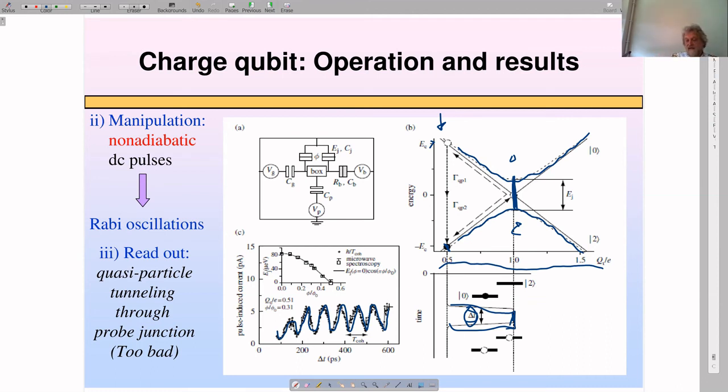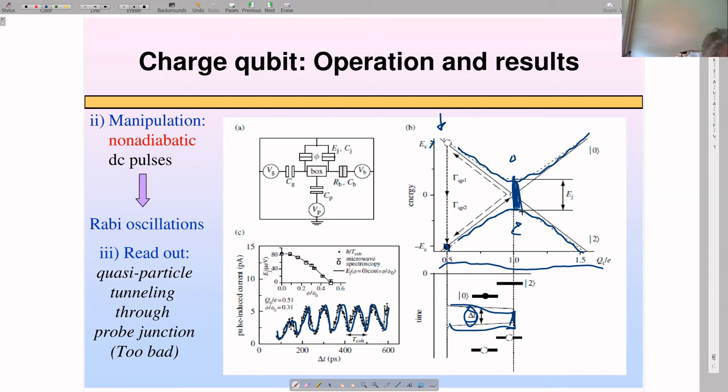And these oscillations are related to oscillations between these two levels, to rotation of a qubit between these two levels. Good, so it's not so much to do with this qubit.